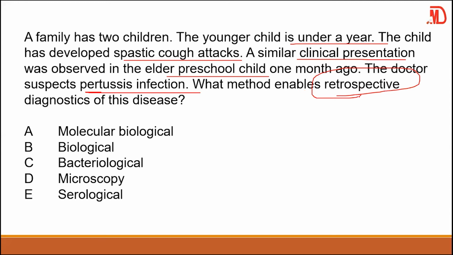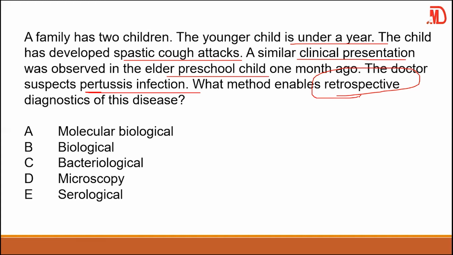Let's say, for example, people with diabetes, we do a retrospective analysis for them where we do the glycated hemoglobin. If the sugar has been in a person's blood for a very long time, it will show.